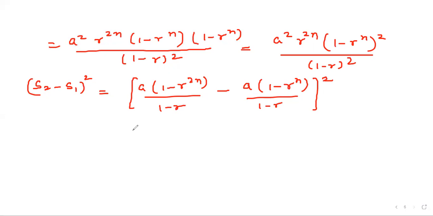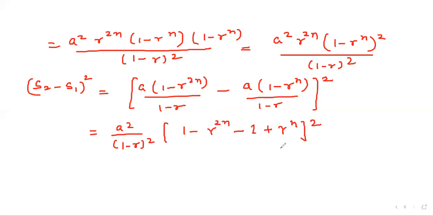So we can take common a square divided by 1 minus r whole square. So then inside the bracket we will be left with 1 minus r power 2n minus 1 plus r power n whole square.